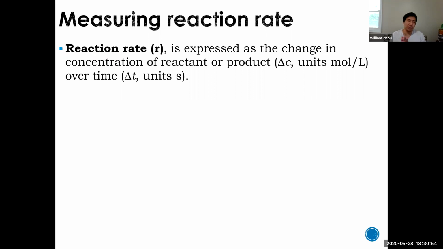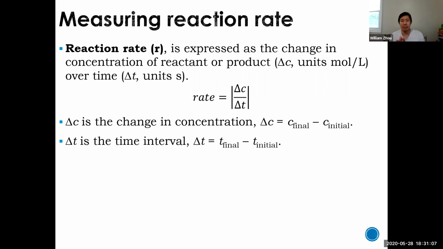Concentration is measured in moles per liter, and delta C, the change in concentration, is still moles per liter, divided by time, delta T, the change in time, that would be T final minus T initial.